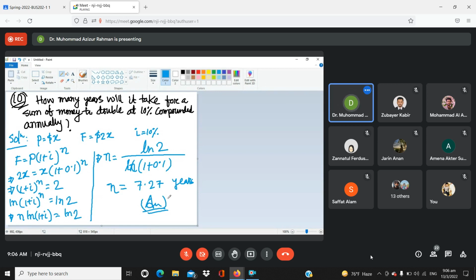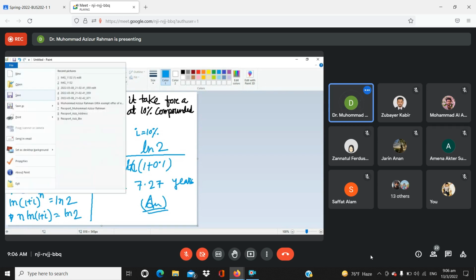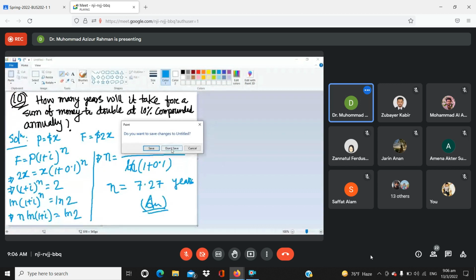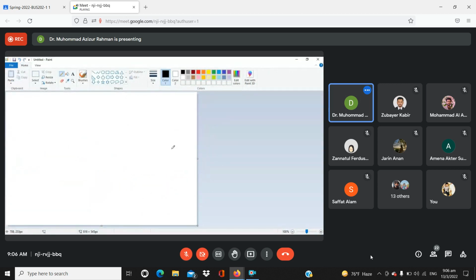Okay, let's do one more problem. I think this may be problem number 12. Sir, how did 7.27 come? Please explain once. Use the calculator. n equals ln 2 divided by ln(1 + 0.1). What is the value of ln 2?